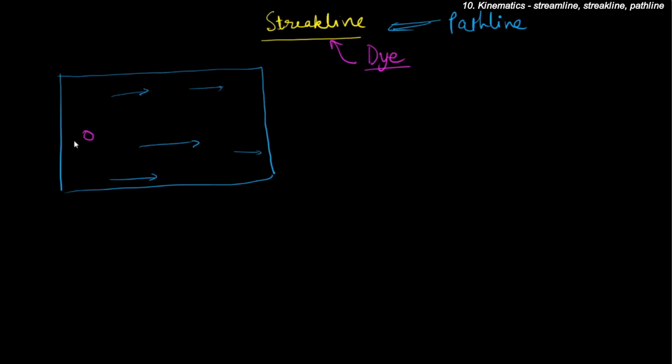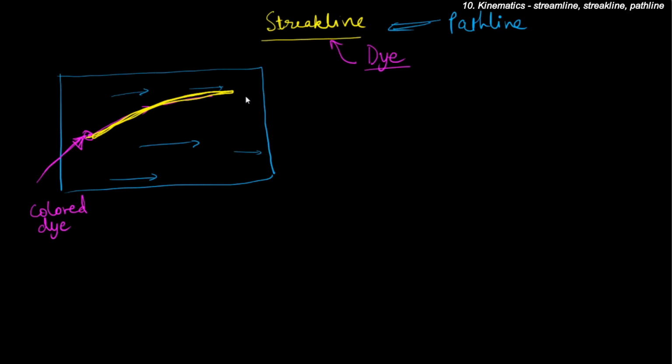If it's water, we take a syringe, and at this point we push a certain colored dye in the flow. Because of the pushing of a colored dye, the colored dye will be taken with the flow. So if the dye color is yellow, I will see a line in the flow.